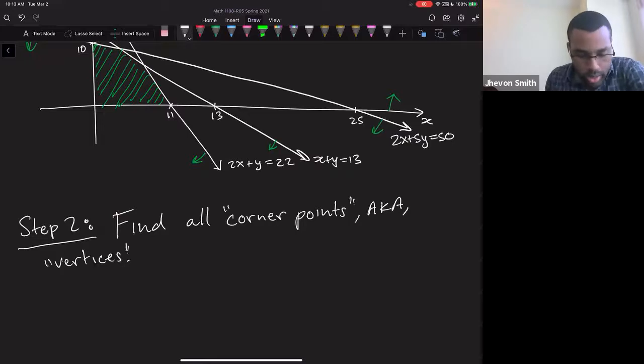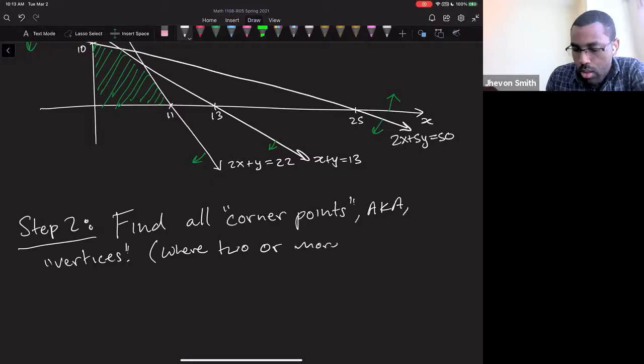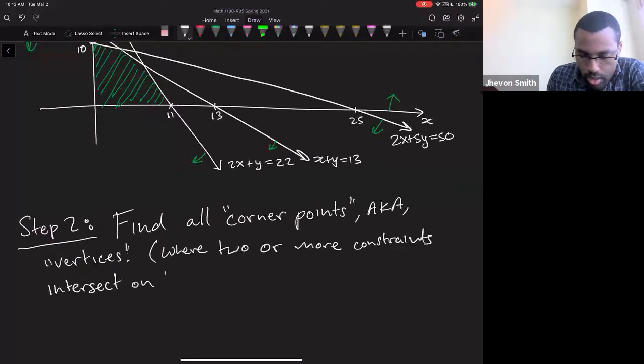So what is a corner point or a vertex? These are where two or more constraints intersect on the boundary of the feasible region.